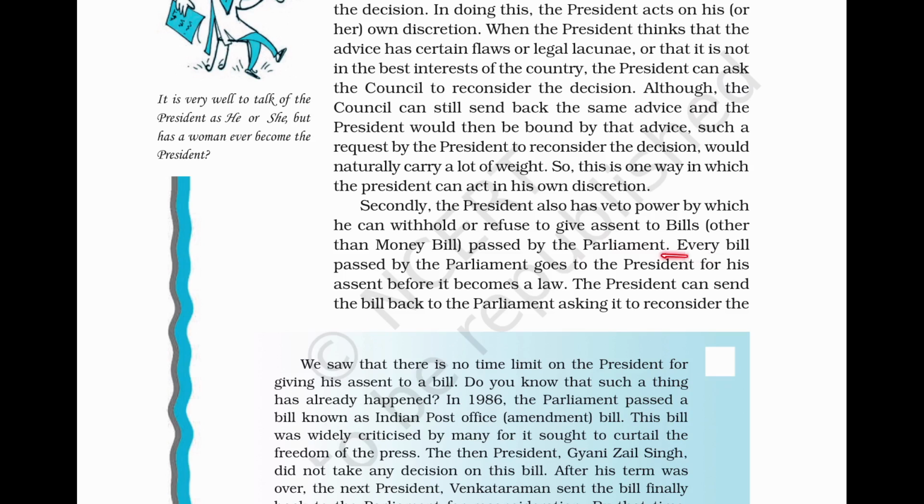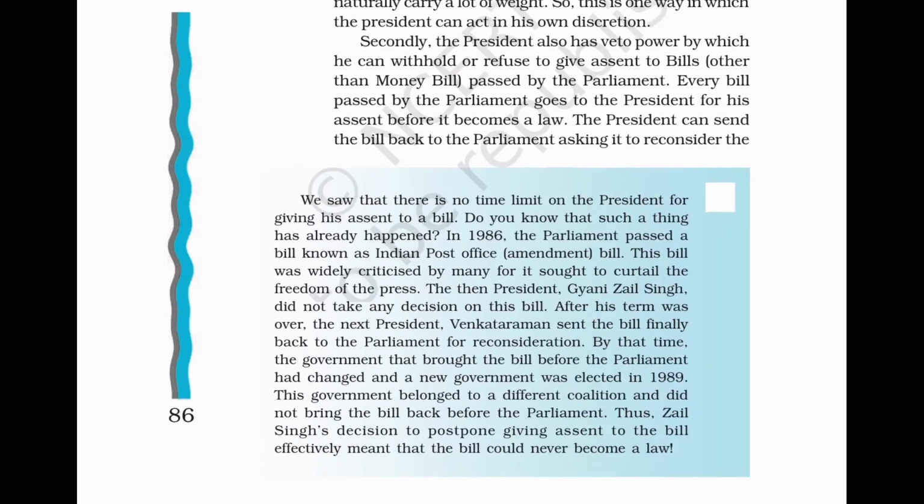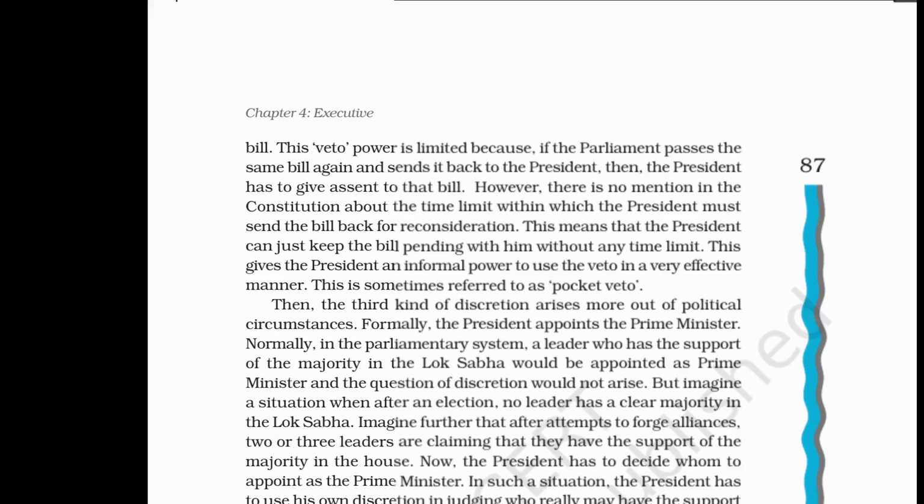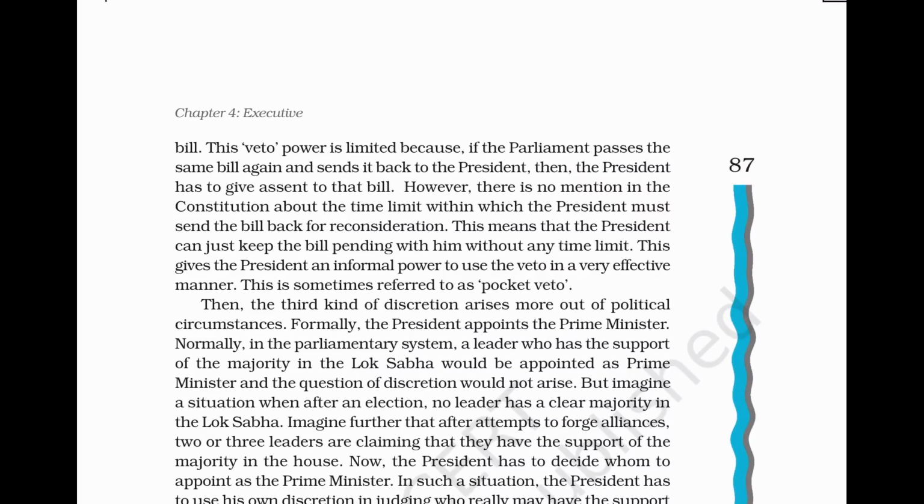Every bill has to go to the president finally to become a law, and president can also send back the bill to the parliament that you please reconsider it. However, we call this limited veto power because if the parliament passes the same bill again and sends it back to the president, then the president has to give the assent. So again, in the first instance only, the discretionary power can be used.